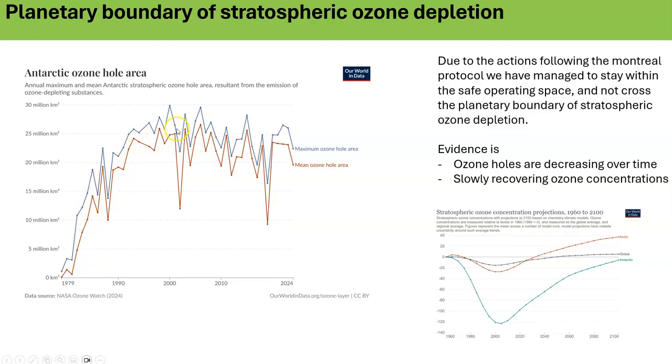You see that it peaked around 2000, and there's been a slight decreasing trend, but of course it's very spiky since then until recent years. And projections are that the concentration of ozone is slowly recovering, and we've seen recovery already, but that's projected to continue unless we do something weird.